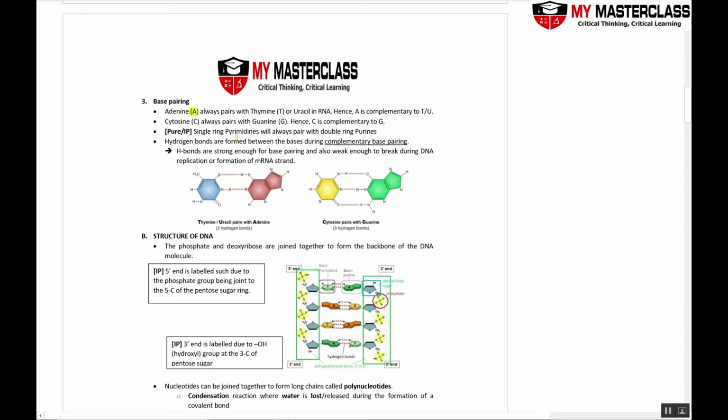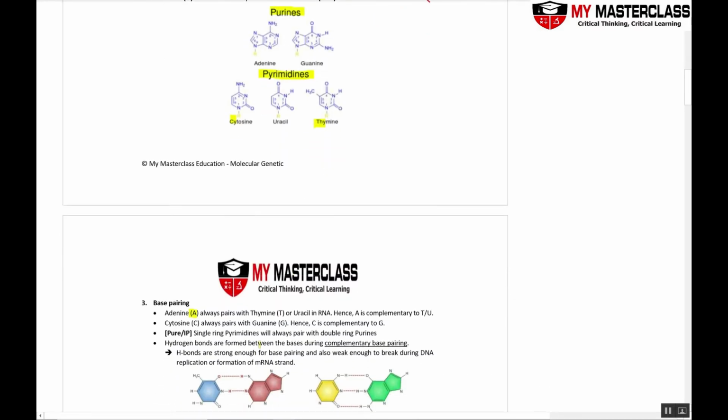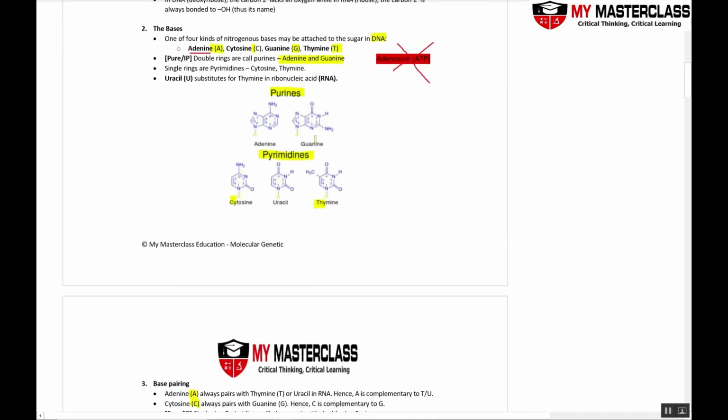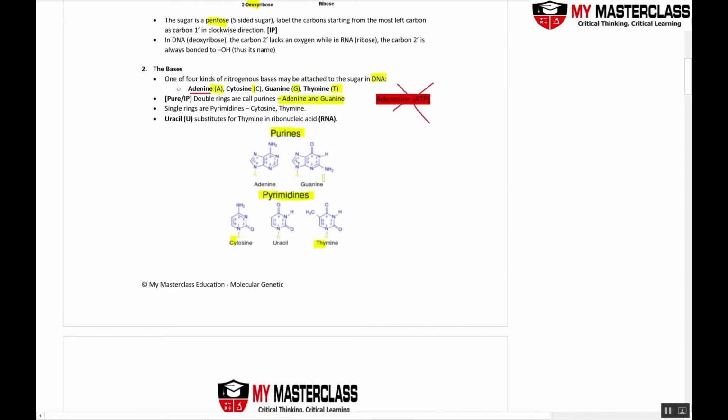Now A over here, adenine, as we saw earlier on, it is a purine. So a purine will pair with a thymine, which is a pyrimidine. Likewise over here, the C, which is a pyrimidine, will pair with a purine, which is a guanine over here. So same thing, G will pair with C or C will pair with G.